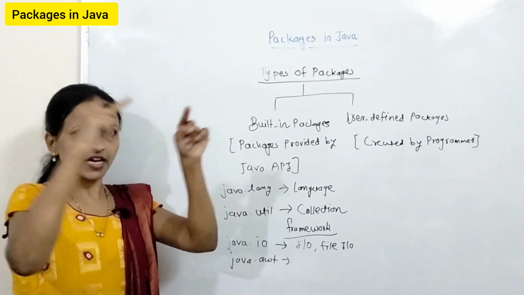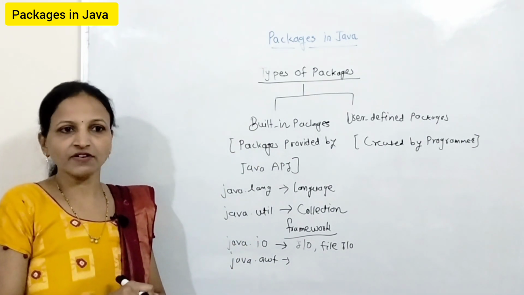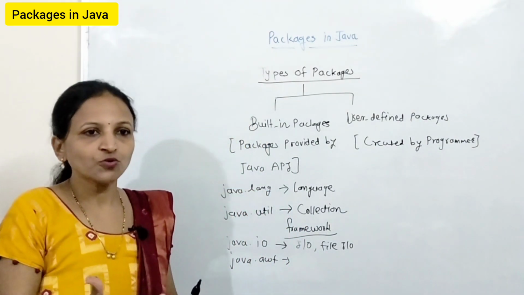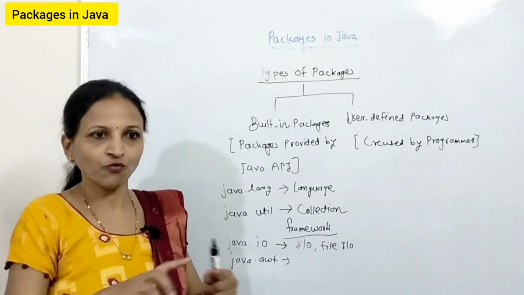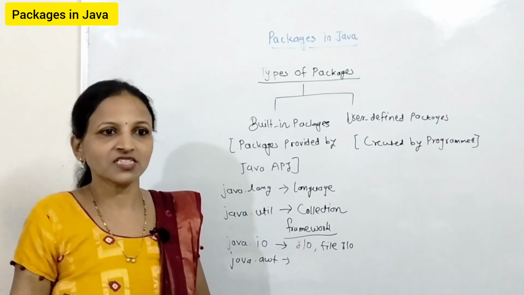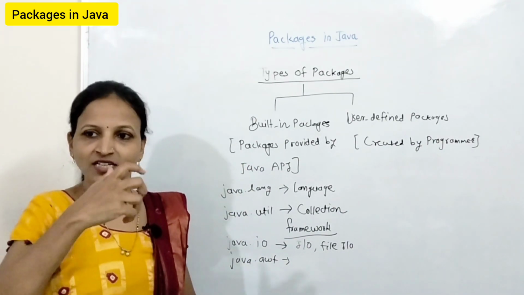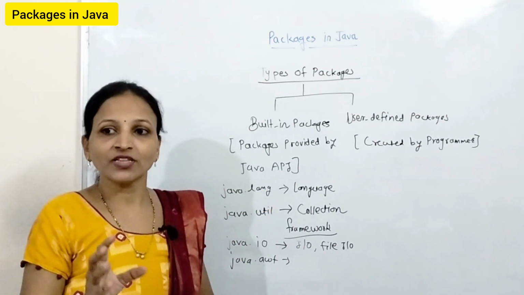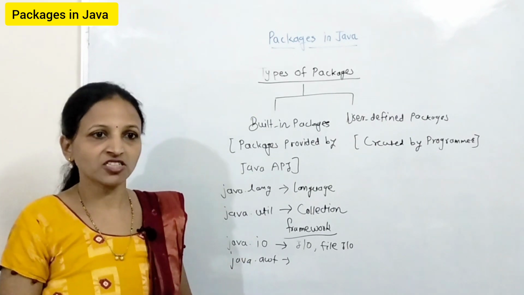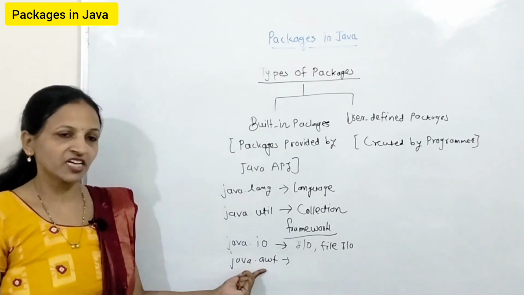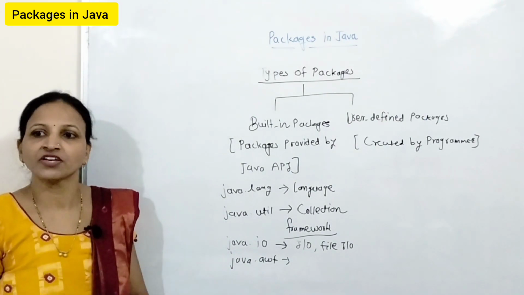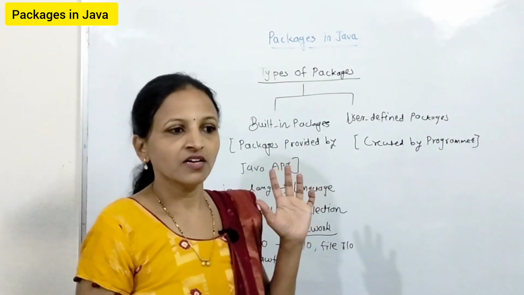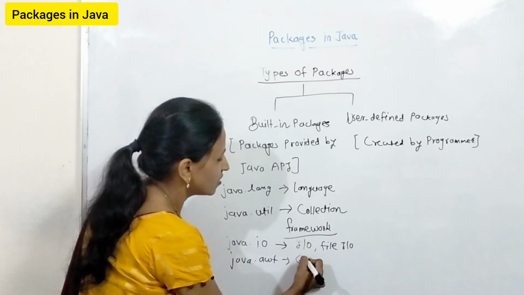If you consider any window or screen on your computer system, suppose you are seeing a form, that form has multiple tools like button, text box, and label, which you can create with the help of Java. For that this package supports, because it has all the inbuilt classes required for GUI, graphical user interface.